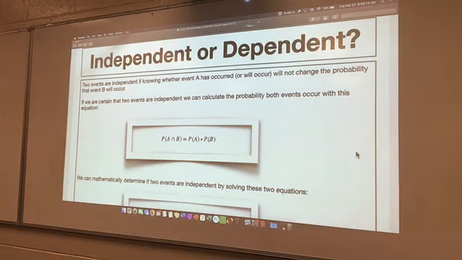All right, so if we are certain that two events are independent, we can calculate the probability both events occur with the following equation. So this being the intersection, that's the probability of A and the probability of B, so that's why we're multiplying them.